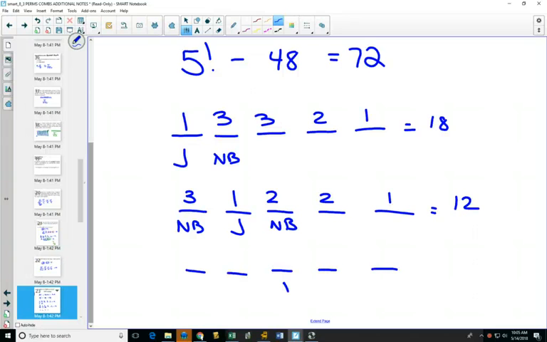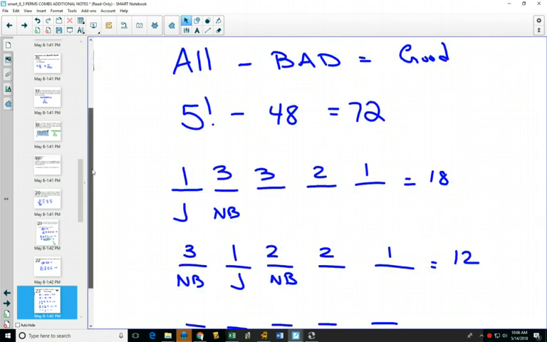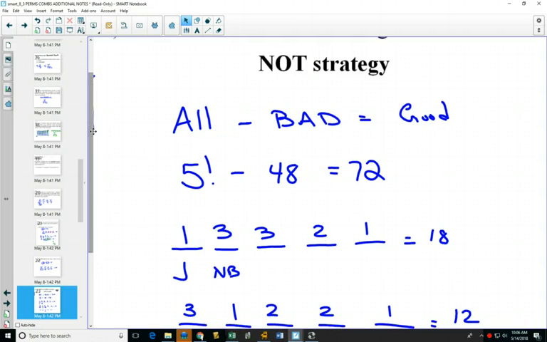And then Jill here, then Jill here, then Jill there. They counted them all separately and added them up and came up with a total. That will also give you 72. But it's a lot more calculations and a lot more writing to do. So this is a good example where the not strategy, the idea of counting all of them and subtracting the bad ones, is usually the best strategy.